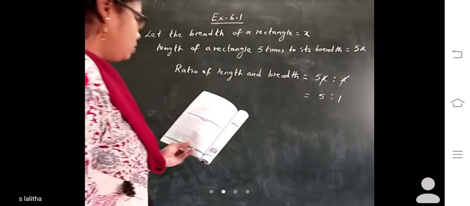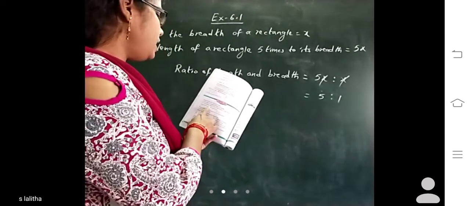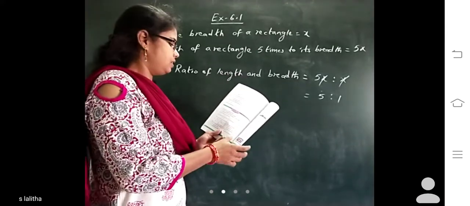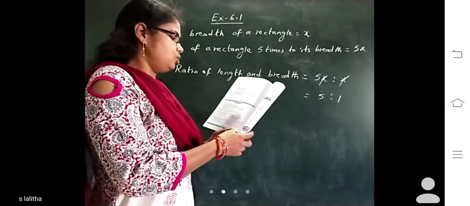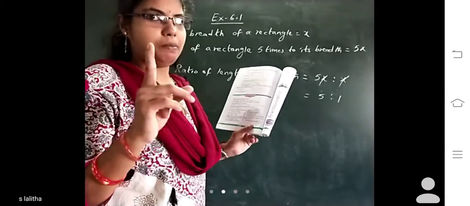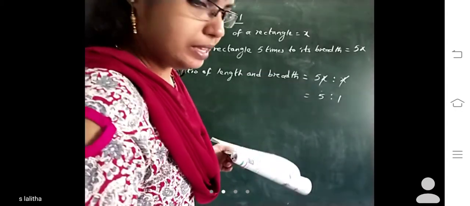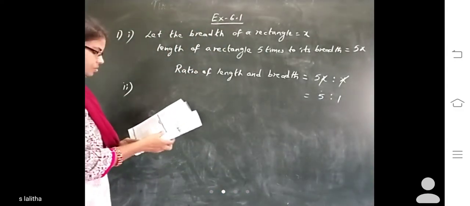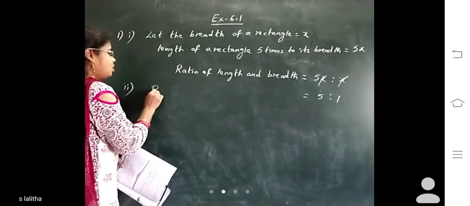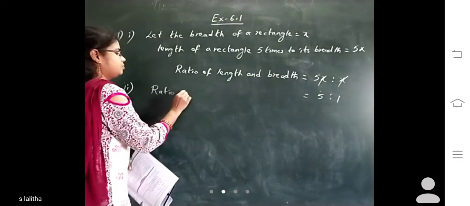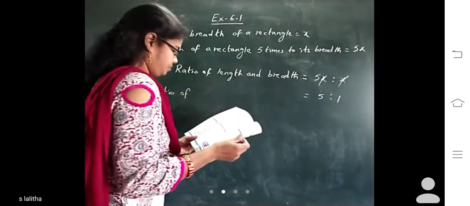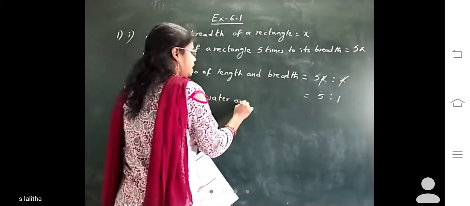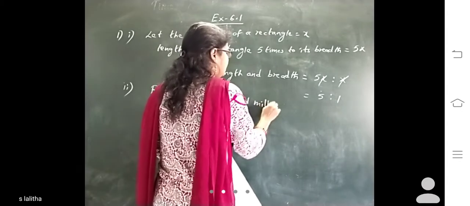Next, see the second question. For preparing coffee, 2 cups of water are required to 1 cup of milk. So you have to write it as a ratio.